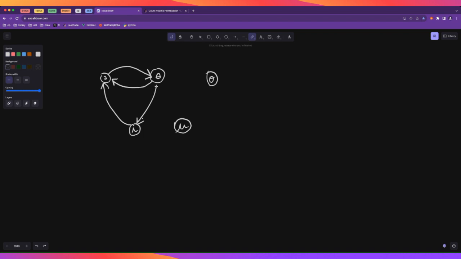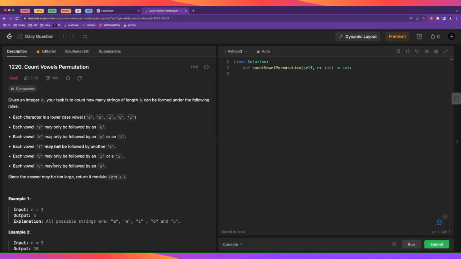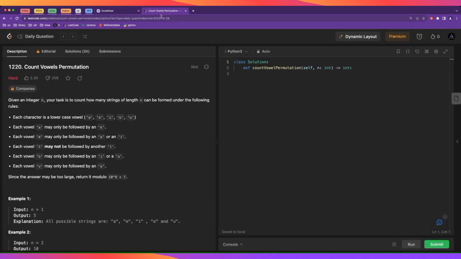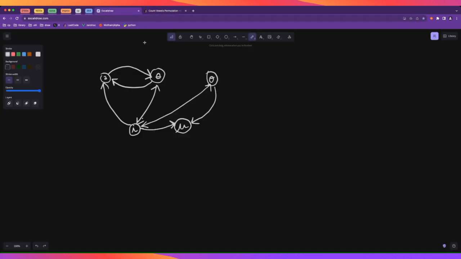So we make this a bidirectional edge, and it can go to U, and it can go to O. And O may only be followed by I and U, so this is again bidirectional, and O can go to U. And finally, U can only go to A.